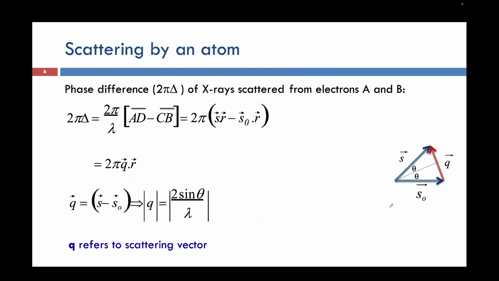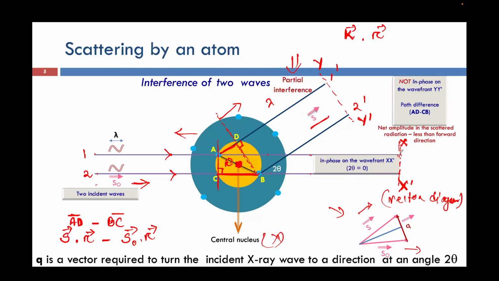Now if I want to calculate the phase difference, why is it necessary? Because it tells us whether constructive, partial, or destructive interference is happening. At this wavefront x naught, completely constructive interference is taking place, but since some path difference is there in the y naught wavefront, we will know that not completely constructive but partial interference will take place, and the path difference will be AD minus CB.